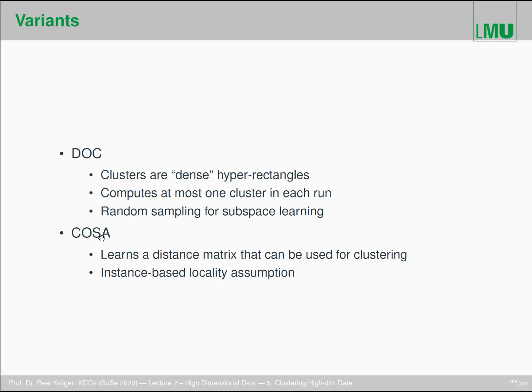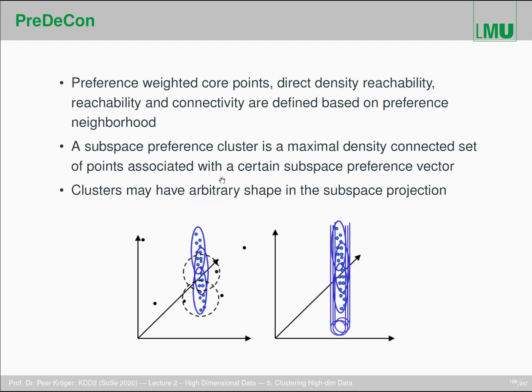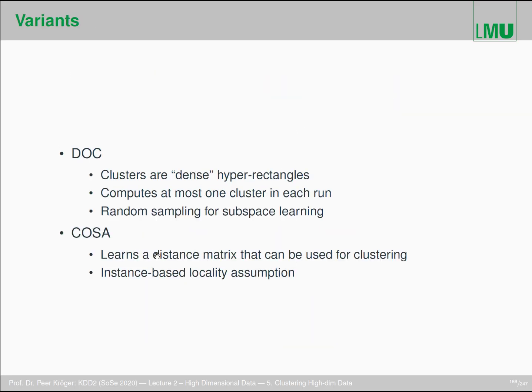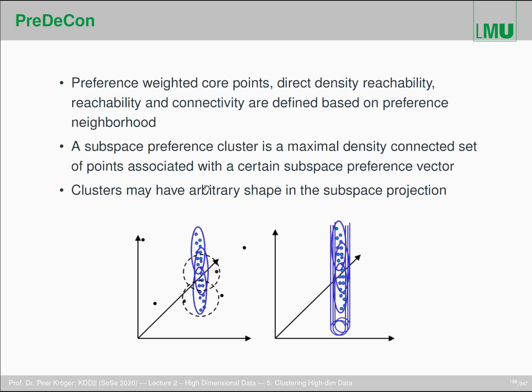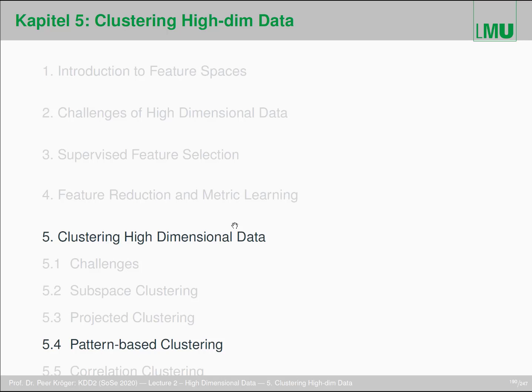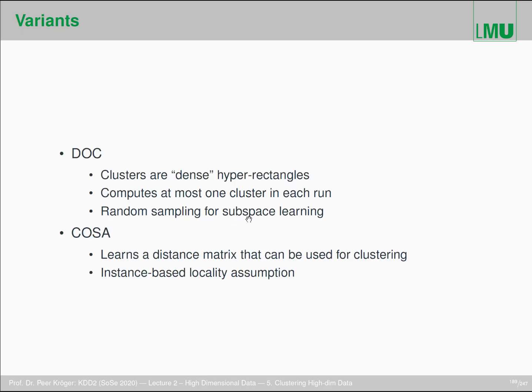Yeah? And then there is another variant I want to mention, which is COSA, which learns a distance matrix that can be used for clustering. So very similar like this one here, PreDeCon, which is, well, this is a kind of distance matrix, in that case a weighting, yeah, and you can also learn this weighting or distance matrix a little bit different, but also COSA, like PreDeCon here, uses instance-based locality assumption. Yeah, so that is the basic limitation for all of the projected clustering algorithms.